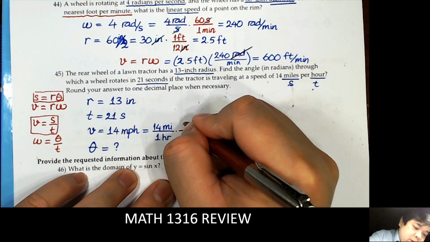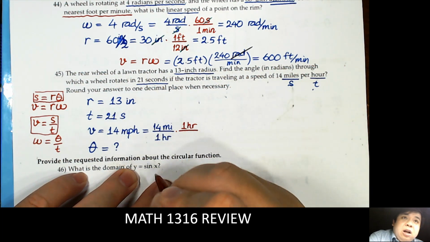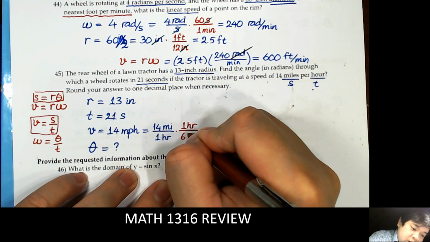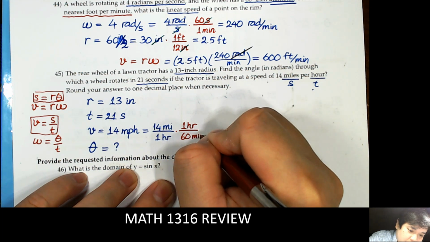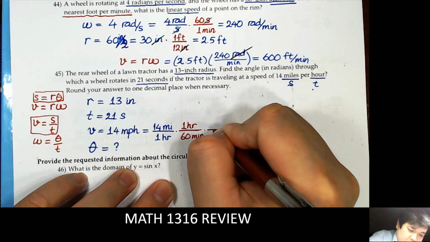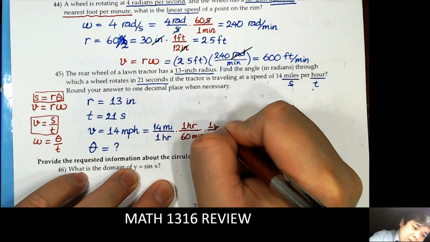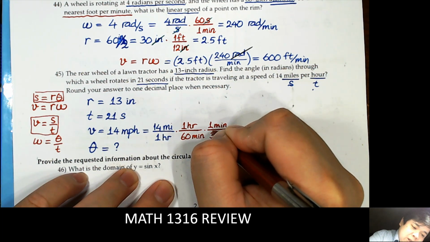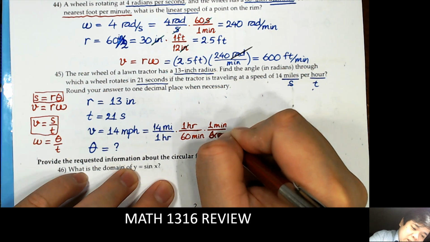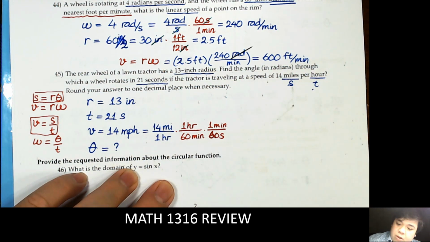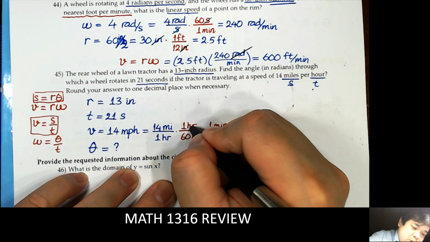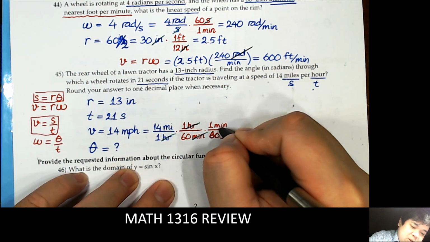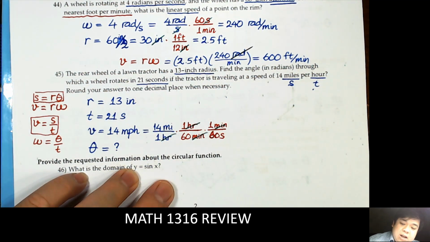So 1 hour is 60 minutes, and 1 minute is 60 seconds. So the hour cancels out, the minute cancels out, and we have that.